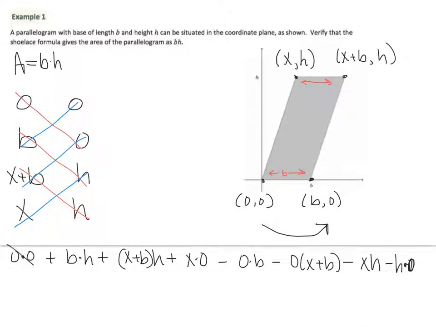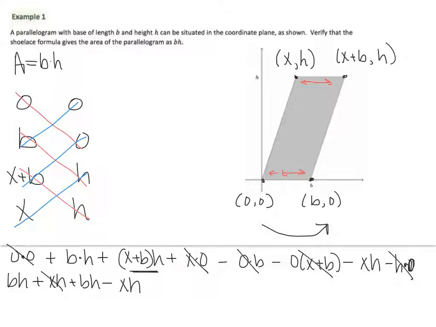Okay, get rid of everything that I don't need, or that cancels out really. That means I have BH plus, I'm going to distribute this, XH plus BH minus XH.